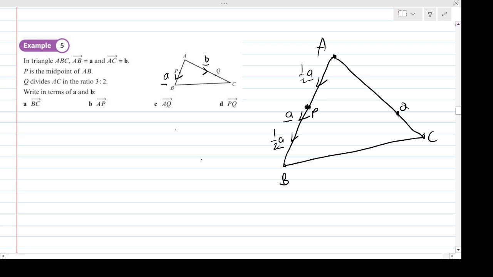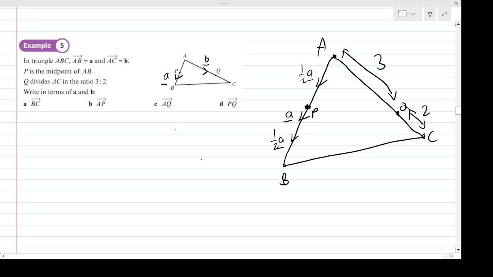Likewise, we have Q, which divides or splits up AC in the ratio 3 to 2. Now, with these ratio questions, again, don't be too caught up in it. But when we have 3 to 2, that's saying the first part from A to Q is 3 parts, and from Q to C the other part of the line is 2 parts.